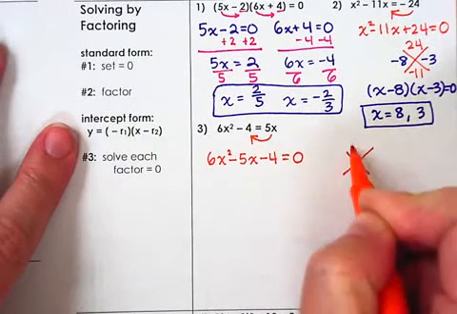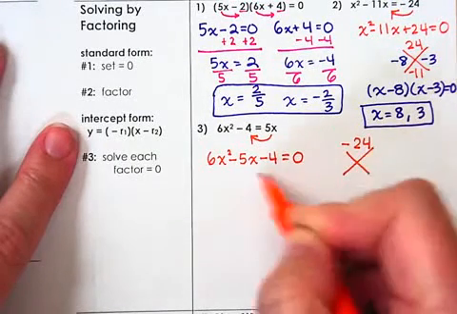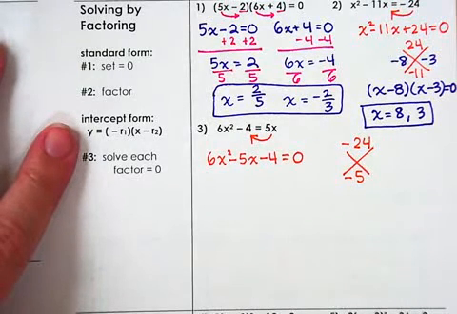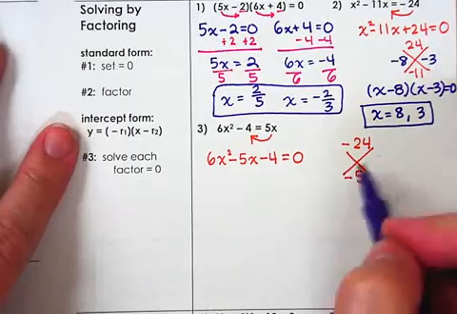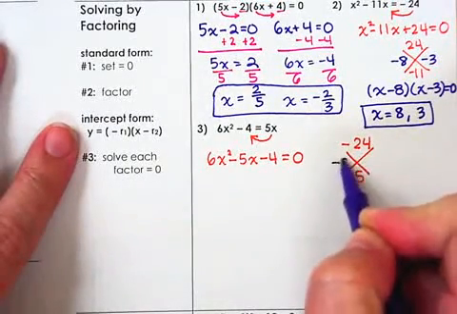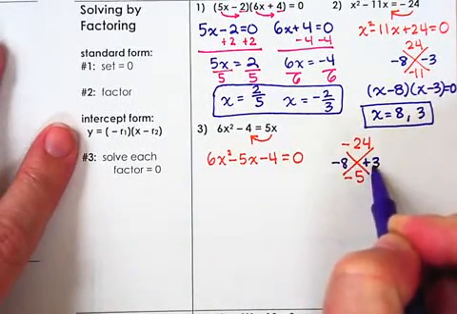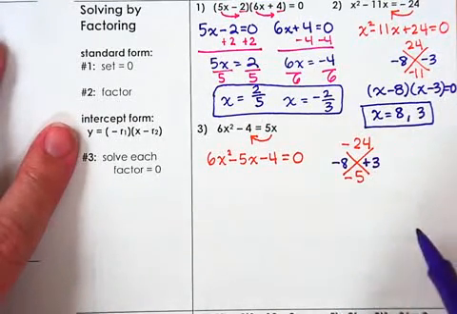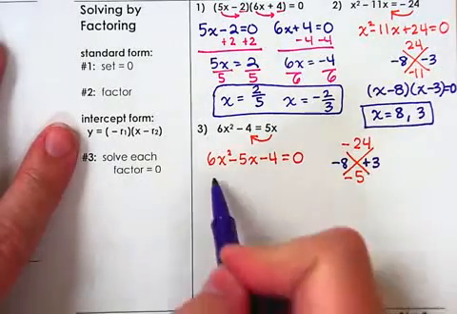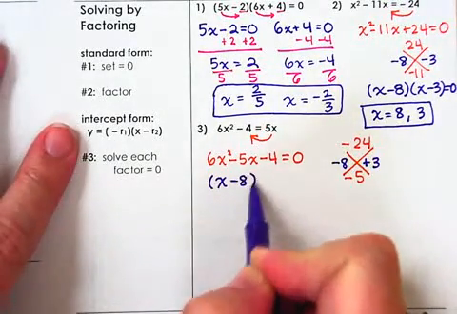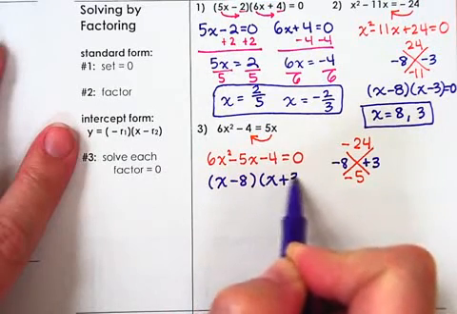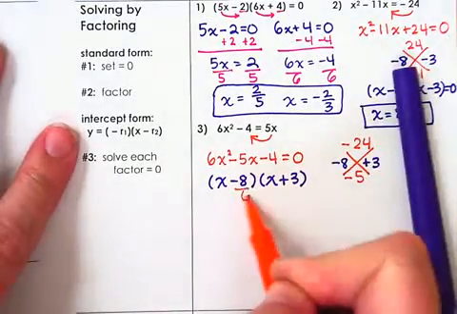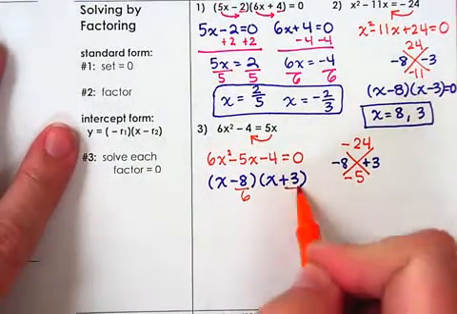So I need numbers that multiply to negative 24 and add to negative 5. I have to think about what those factors are, and that's going to give me negative 8 and positive 3 this time, because they multiply to negative 24 and add to negative 5. So I'm going to write this as x minus 8 times x plus 3. But I need to take the a value and bring it down, so we divide by 6.